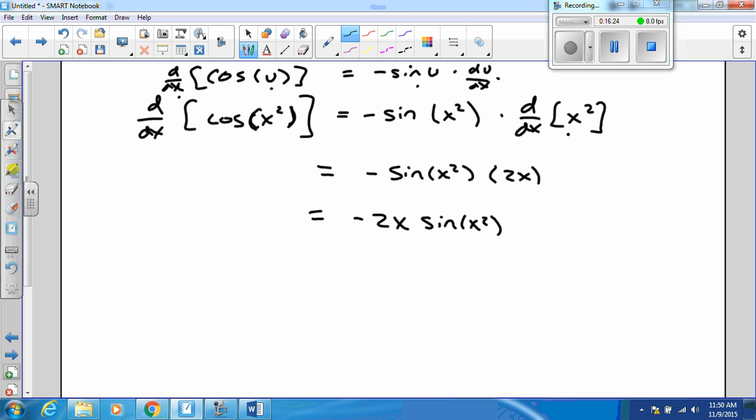Well, it's the cosine of what? It's the cosine of x squared. So the derivative should be negative sine of x squared times the derivative of the inside function. This is not cosine times x squared. This is cosine of x squared. I'm substituting x squared into the cosine function, right?